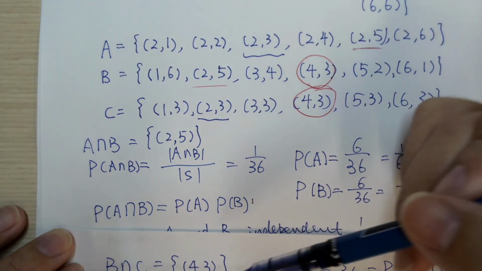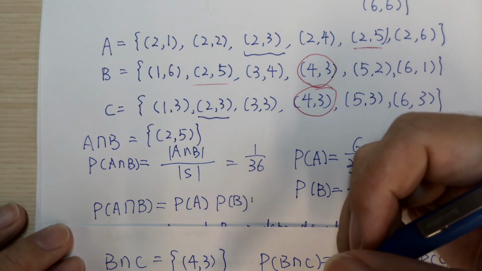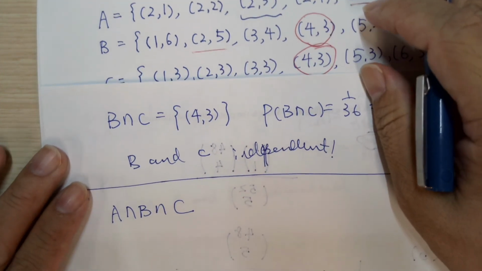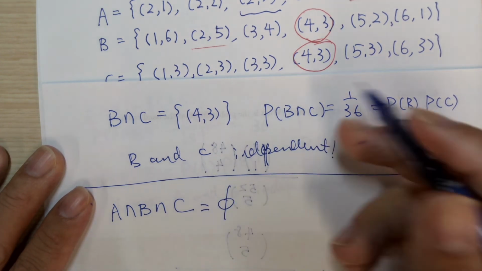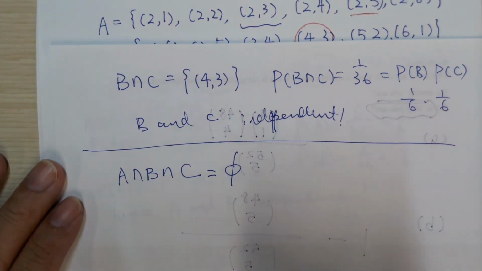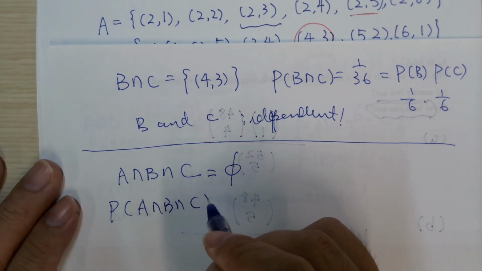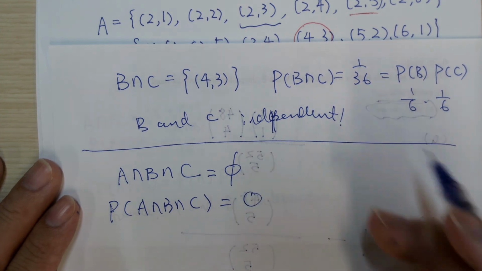B intersect C here is 4,3. So easily you can derive that A intersect B intersect C actually has no element there. It's an empty set. So the probability of A intersect B intersect C, since it's empty, is going to be 0.